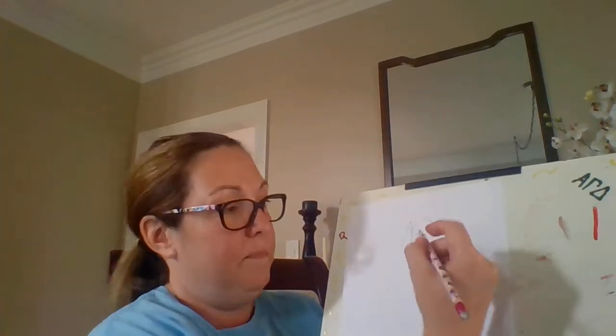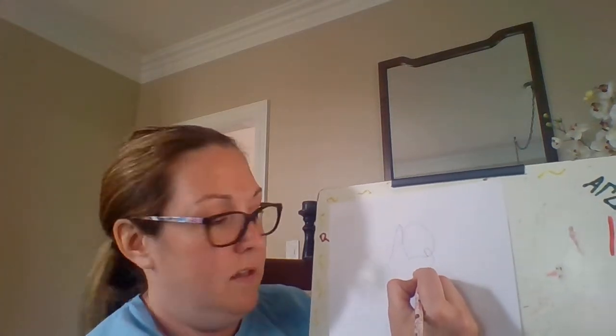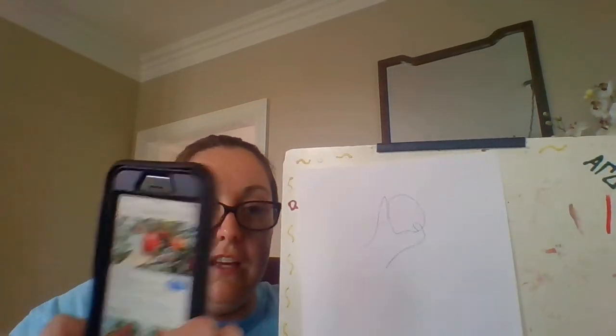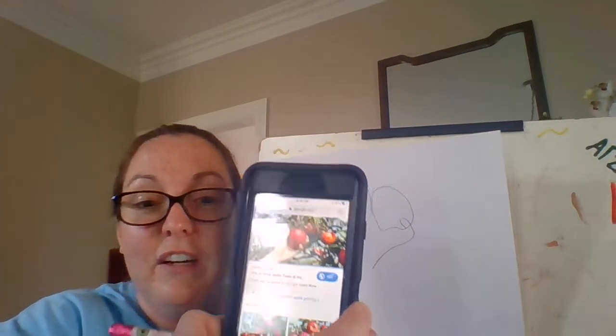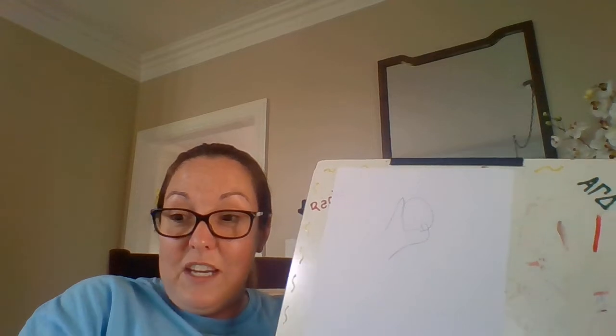Then on here, I'm going to have to erase, because this is where this finger was coming up on this apple. Of course, I've got to draw my tree in the background, and I'm going to use lots of color. This is going to be a great picture for me to write about today for the last part of what I'm going to tell my audience.